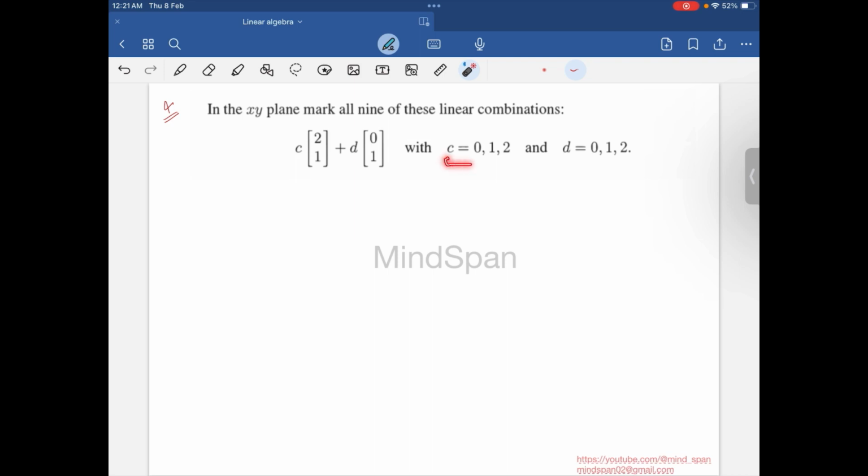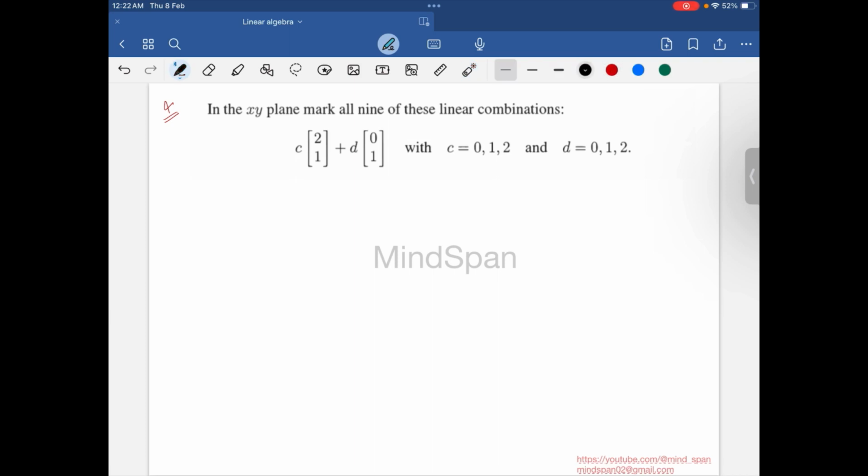But with small values of c and d, even in the last video I took a problem where c is a whole number, a number greater than 0, and you saw in the last video what kind of space the linear combination of vectors gives us.